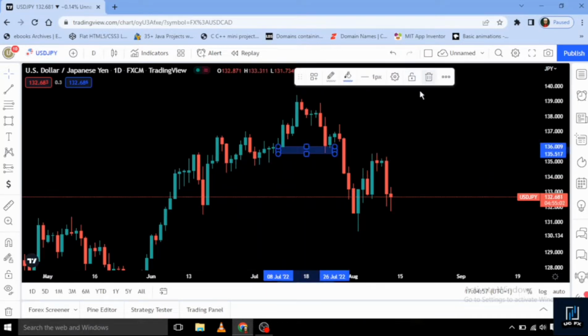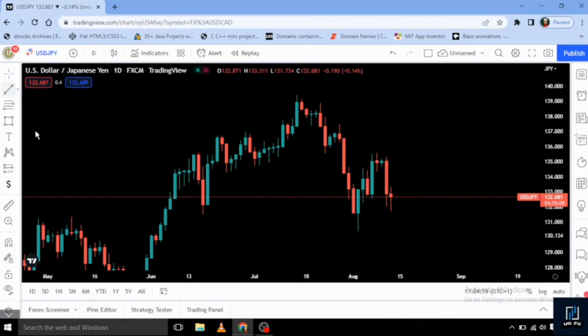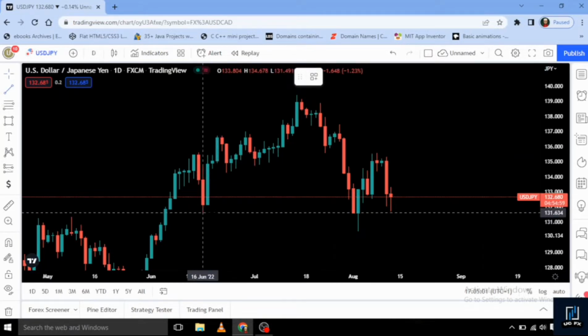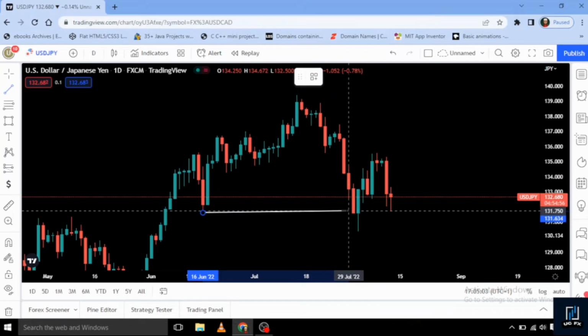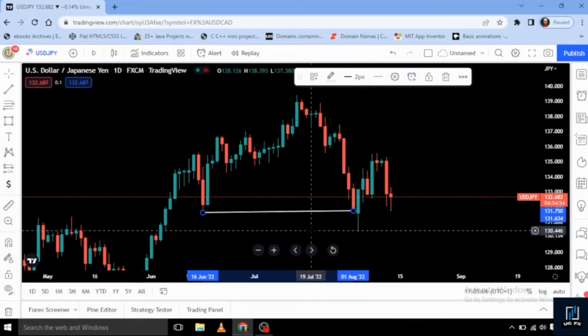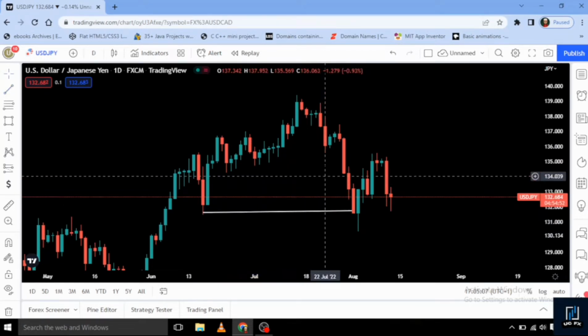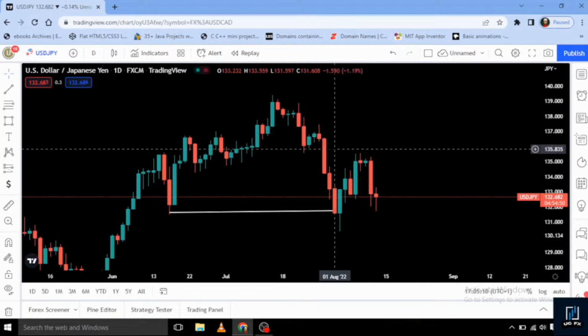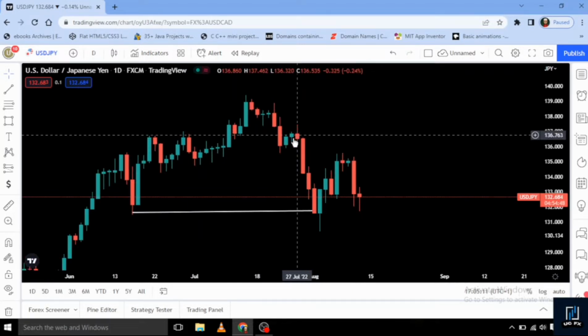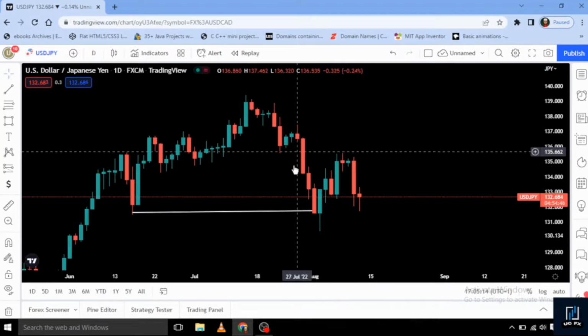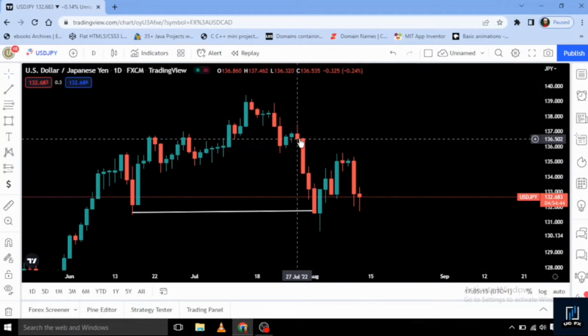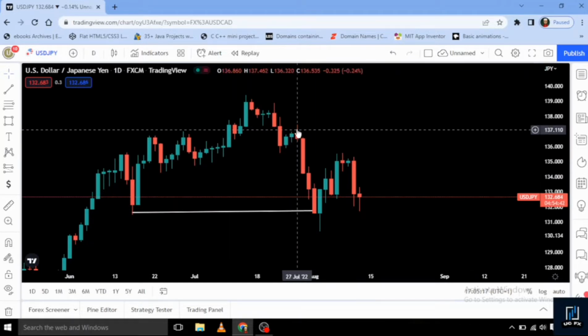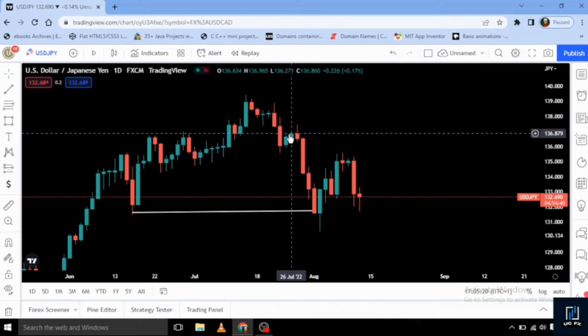Looking at this point, we have a break of structure, which is the most important thing that we needed. So we had a break of structure, and we will be focusing on this area because this is where we will have our order block. We'll be using the H4 time frame to refine this order block because it's not clear on the daily chart.